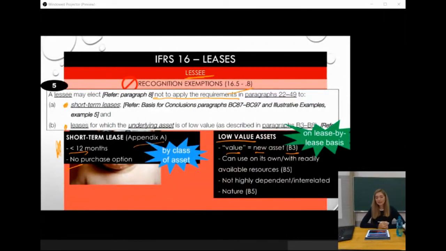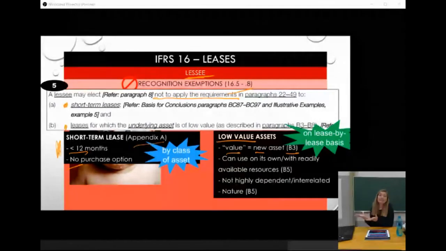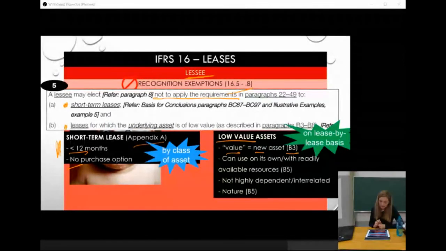So if we are leasing computer equipment, what would the actual cost of a new laptop or whatever be for us, to determine whether this qualifies as a low value asset. Also, it must be an asset that can be used on its own or with other readily available resources, otherwise it might actually be part of a bigger lease agreement, and it should not be highly dependent on or interrelated with other assets.